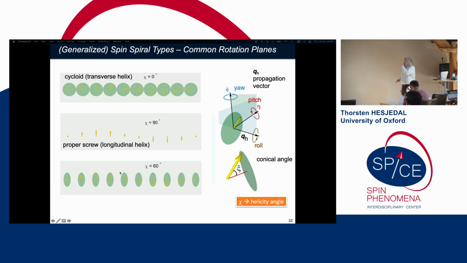And what I showed in green is what I call the common rotation plane, and this plane can be oriented in space. The helicity angle for the thing on the top is 0 degrees. If that common rotation plane is pointing towards you, it's 90 degrees, but it can also have values in between. So characterizing all of these is what you can do, but spirals are boring, so let's move on to the Skyrmions, okay?